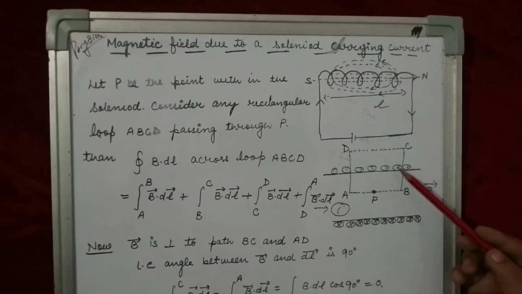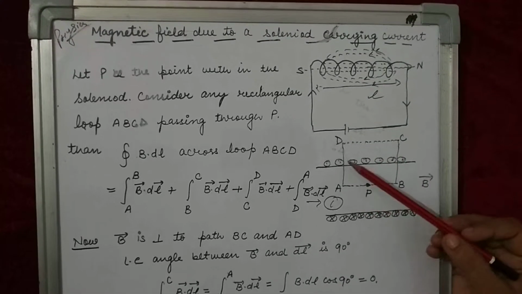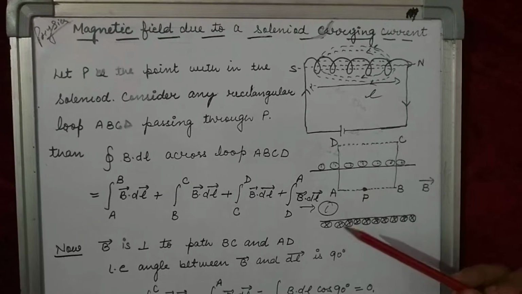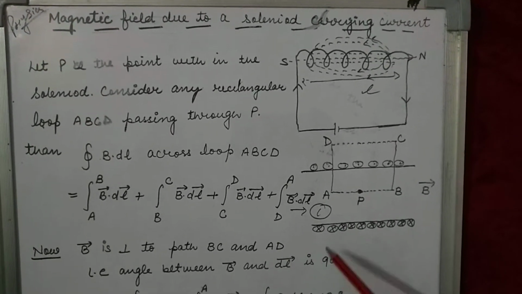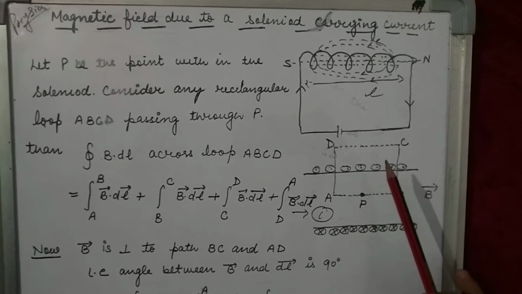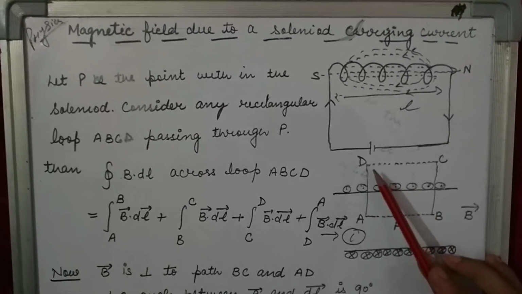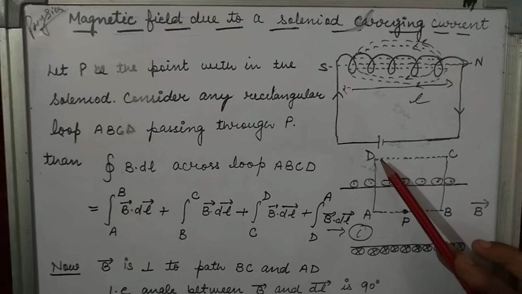Now we have to calculate the magnetic field intensity. The magnetic field around this coil is just like this. This is the magnetic field with its direction upward, and this one is the magnetic field with its direction downward inside the solenoid. Now we calculate the magnetic field intensity at point P. For that we consider this rectangle ABCD.